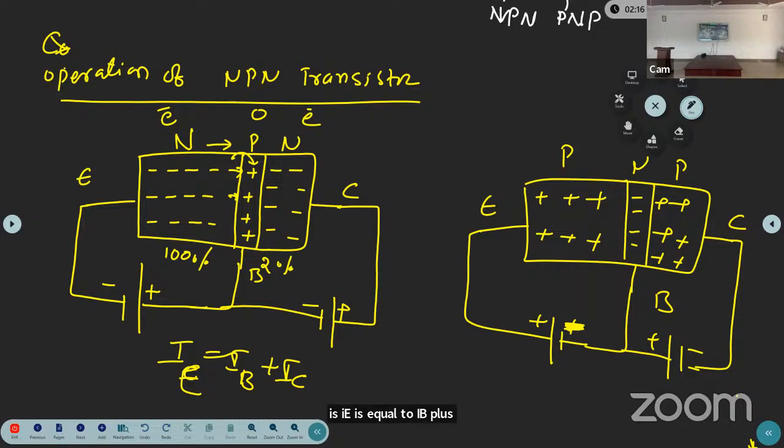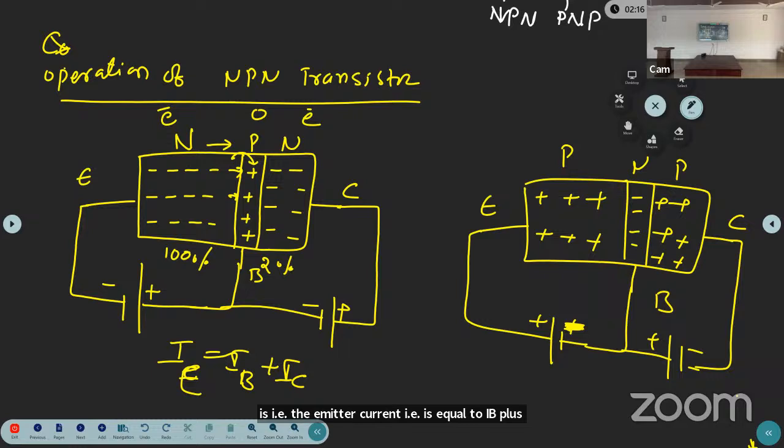IB is the recombination of the base charge carriers with the emitter's, and IC is the excess electrons from the emitter region reaching the collector region. That constitutes a current, the collector current IC. So the total current expression in the transistor is: the emitter current IE is equal to IB plus IC.